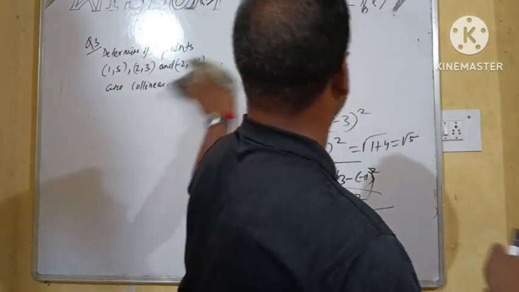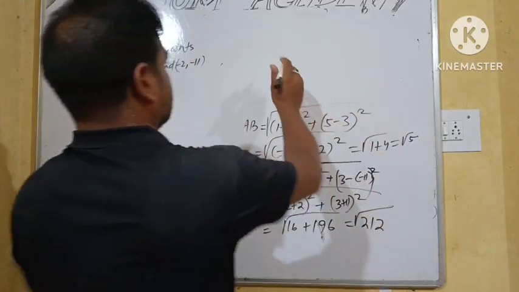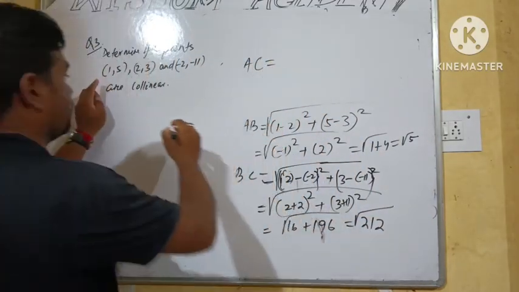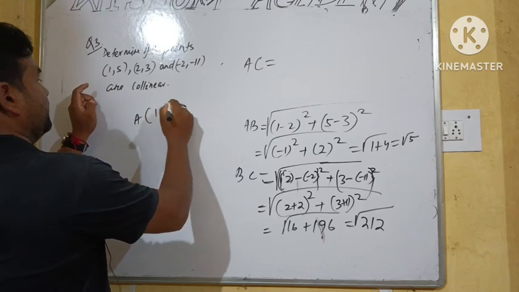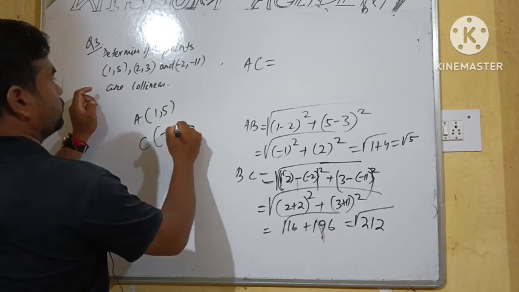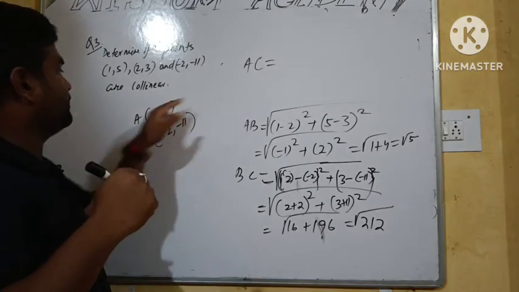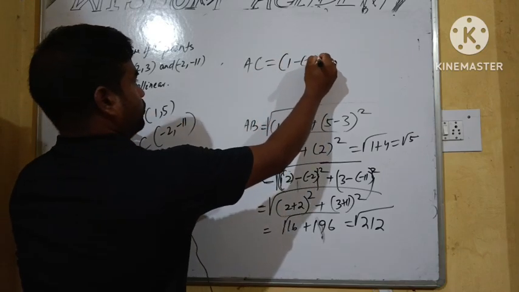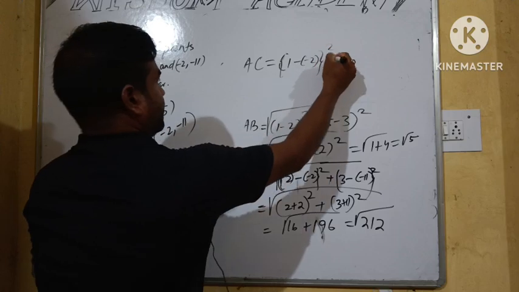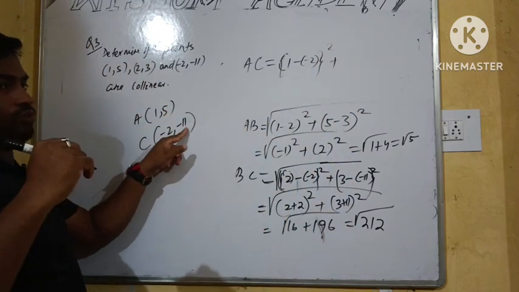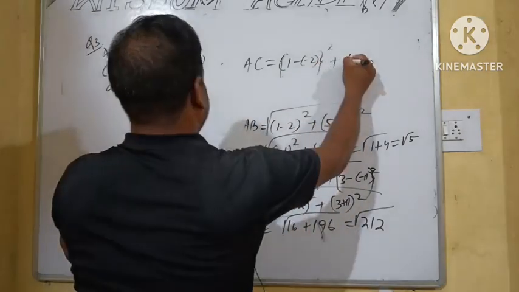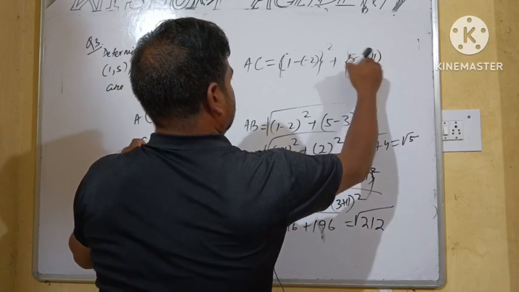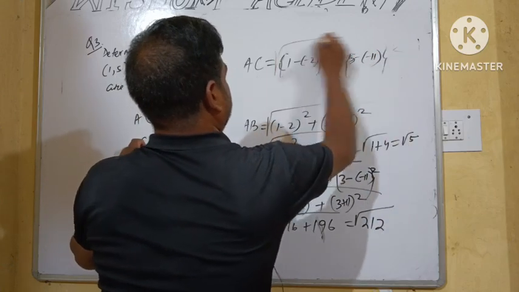Next, we have to find AC. The coordinate of A is (1, 5) and the coordinate of C is (-2, -11). The distance AC is square root of (1 minus (-2)) whole square plus (5 minus (-11)) whole square.